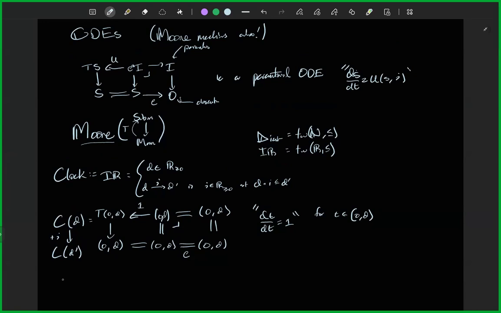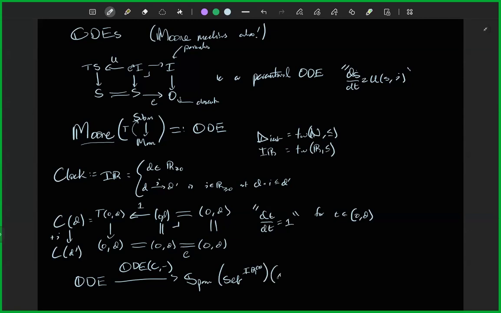So again, we get this theorem. We get more. Let me call it ODE. We have ODEs mapping out of C into span of sep to the IR op, 1, comma dash, again interpreting as spans.